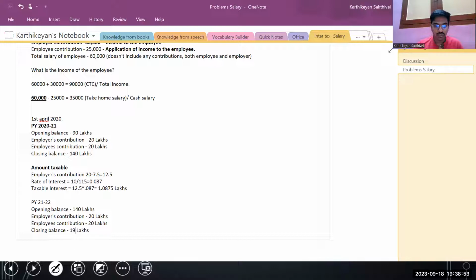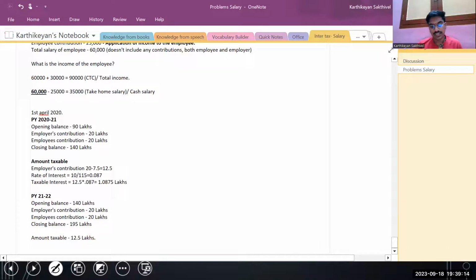Will take 195 lakhs. Okay, wow. So what is the amount taxable? What is the amount which is taxable? Same 12.5 lakhs, correct? Yes, sir.